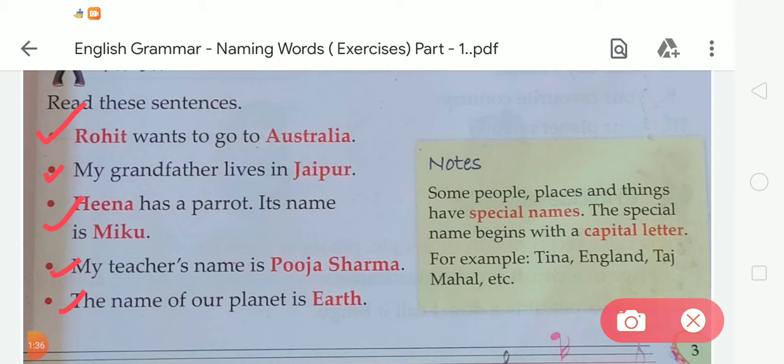Student, as you can see on the screen, there is a note. Some people, places and things have a special name.